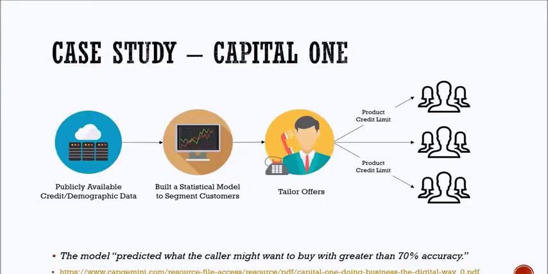And what's interesting in this model is that it was able to predict what a caller might want to buy with greater than 70% accuracy. That's huge. So you're not just taking this really broad approach, right? You're tailoring very specific offers to certain types of customers. A really cool example. There's a million others. This is just one example that I really like.